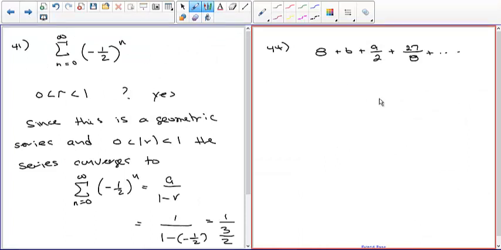Okay. Now sometimes you're given the series as a sum and you have to figure out what the equation is. So again, this one looks like it's going to be something like 3 to the n power, divided by 2 to the n power.